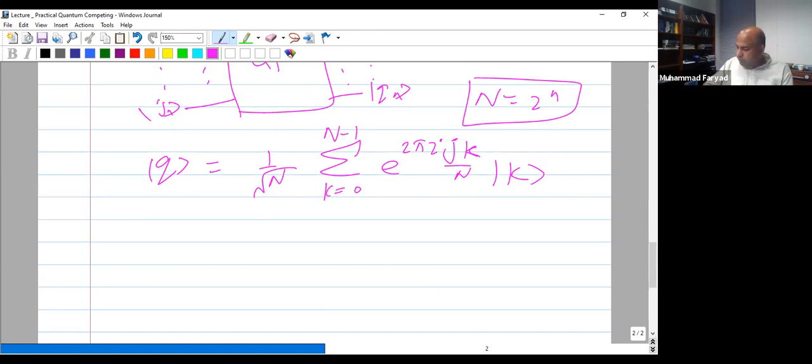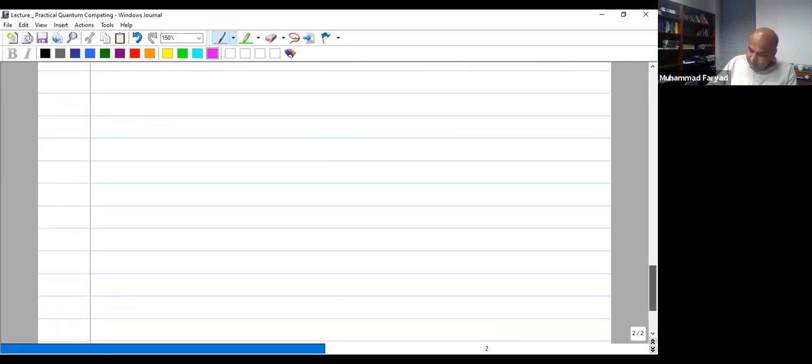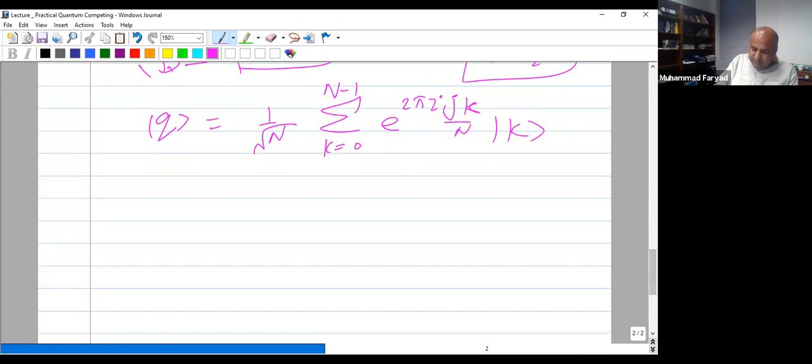All right, so let me write it like this. So I'm just going to be a little bit on the left side. So q is 1 over square root of N, sum over k from 0 to N minus 1 exponential. Let me write this exponential as exp.